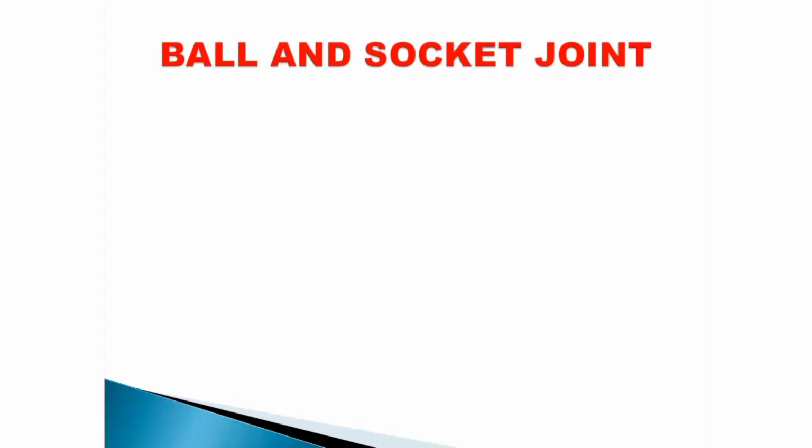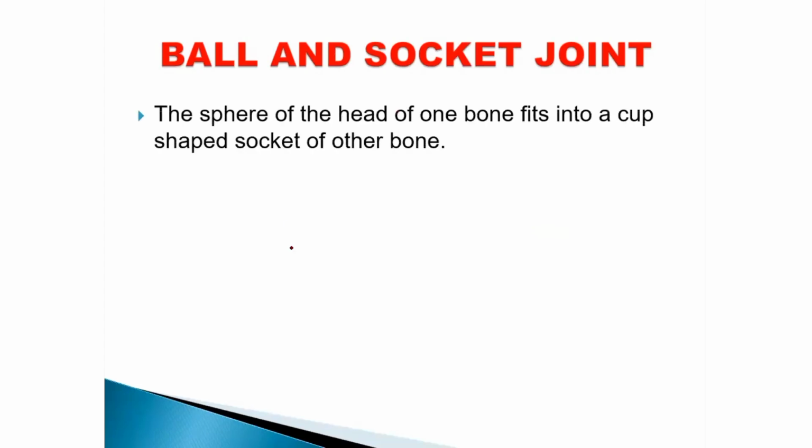The point here is, when I say ball and socket joint, what exactly does it mean? Basically, one bone is going to act like a ball. So let us take this to be the ball, and the other bone will be acting like a socket. So it is like this. One bone is acting like a ball and the other bone is acting like a socket.